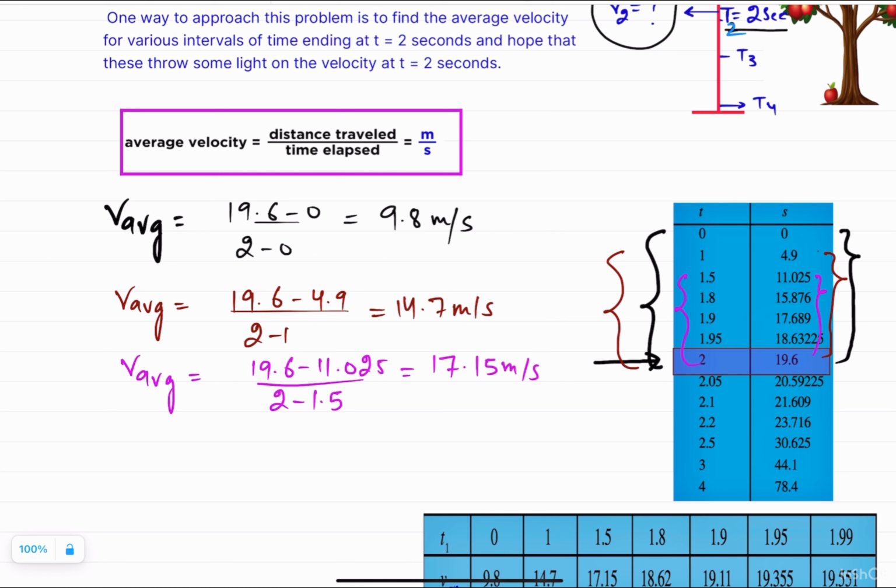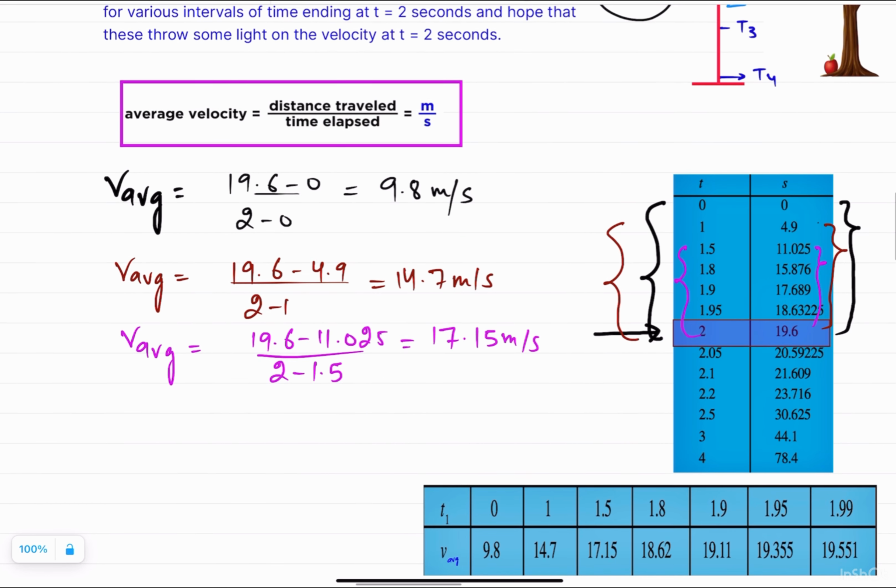And then lastly, the interval 2 and 1.95, where the distance traveled will be 19.6 minus 18.63225. Here I have given a table for average velocity, for the intervals 2 and 0, 2 and 1, 2 and 1.5, and different intervals.